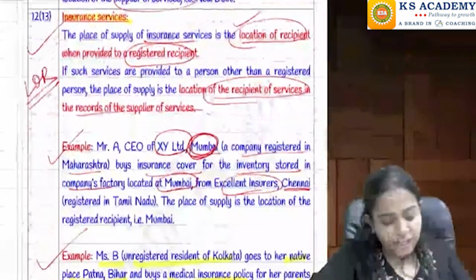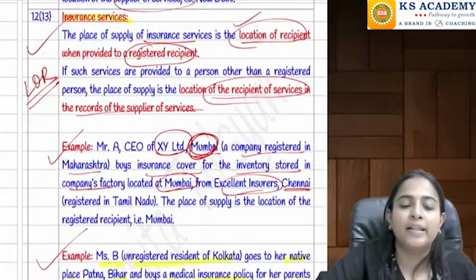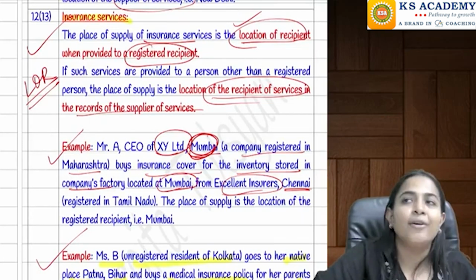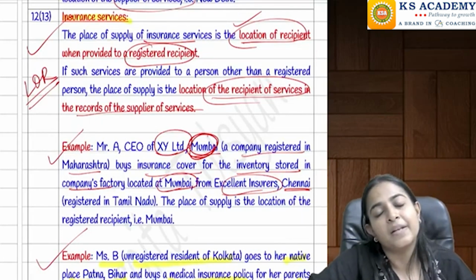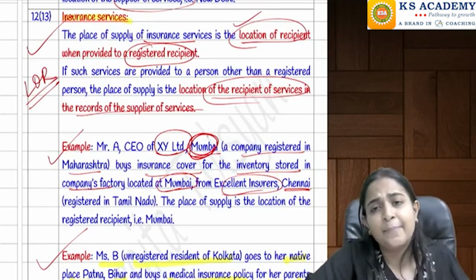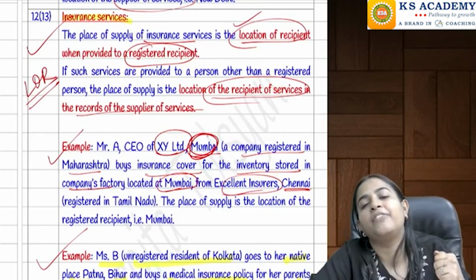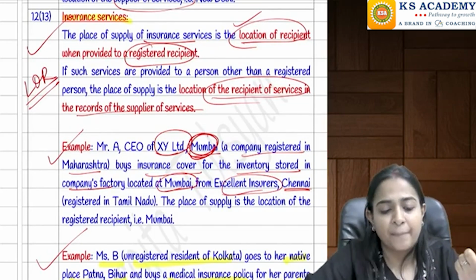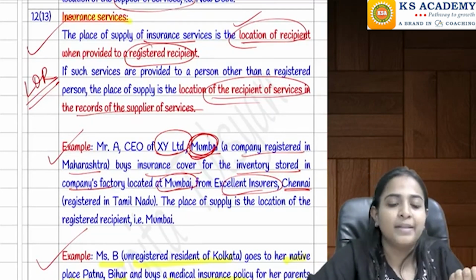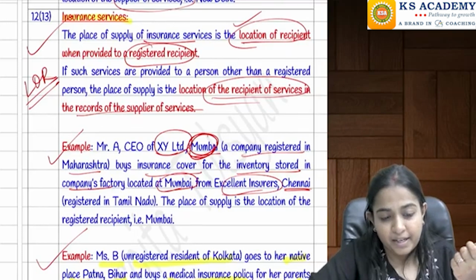Then after that, section 12(13). In section 12(13), we are talking about insurance services. Very, very important. In case of insurance services, when the insurance company is providing us the service, it will take our address. So it is deemed that my address will always be available with the insurance company. If the services have been given to a registered person, the place of supply will be the location of the recipient.